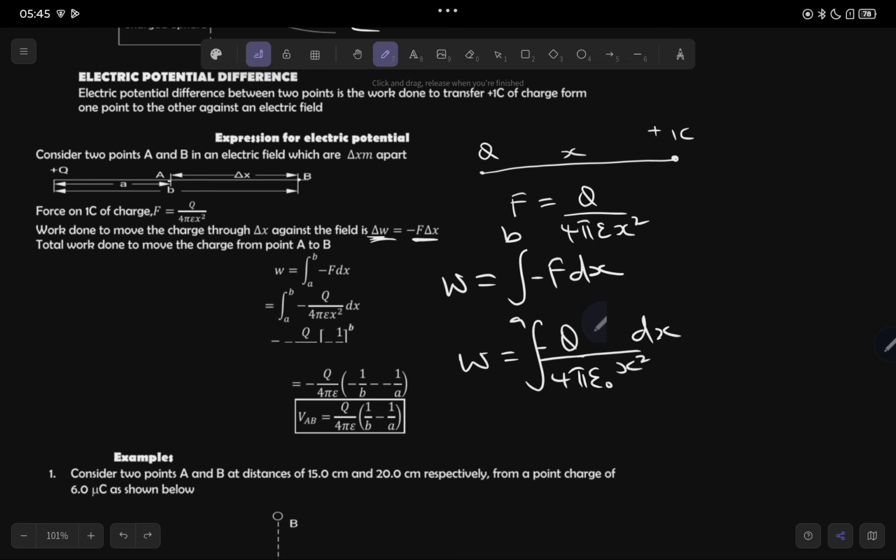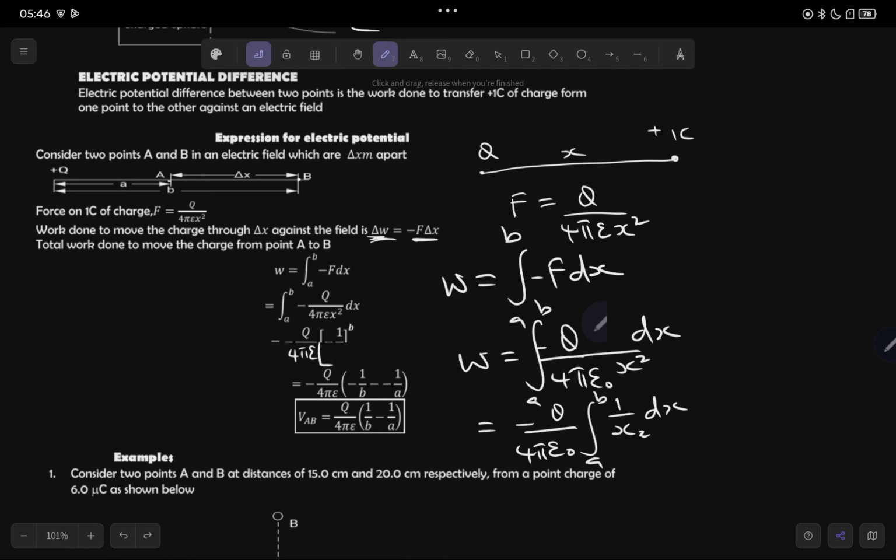We take out the constants, and we have negative Q over 4 pi epsilon naught times the integral of 1 over x squared dx. And now we're integrating from where to where? From A to B. Those are our limits.